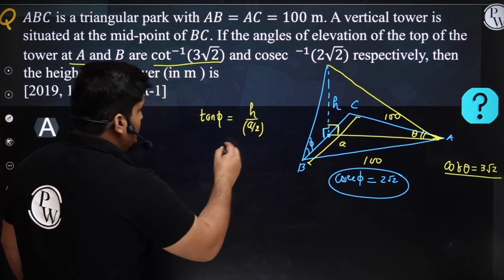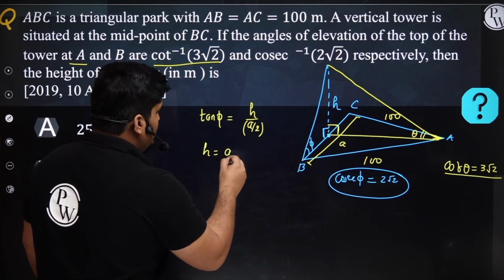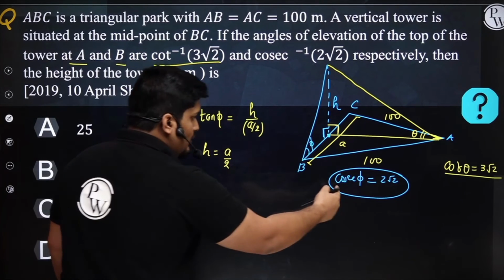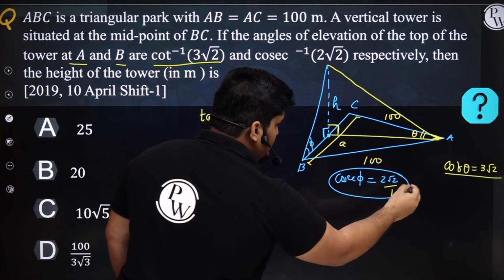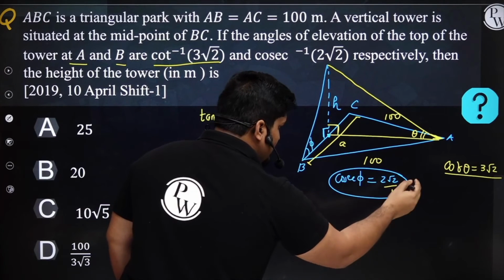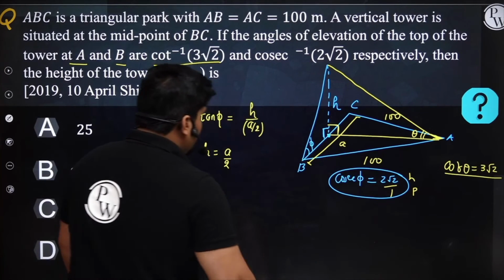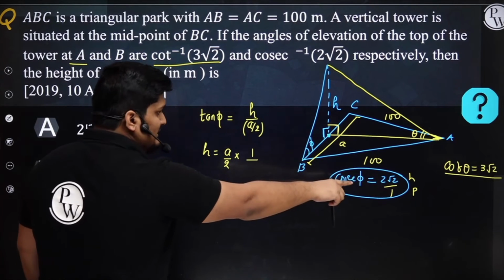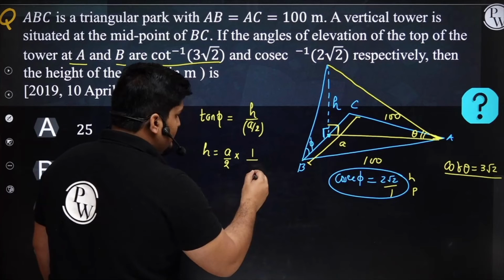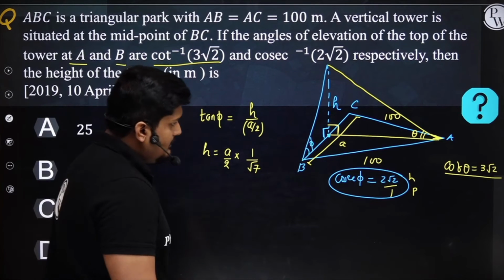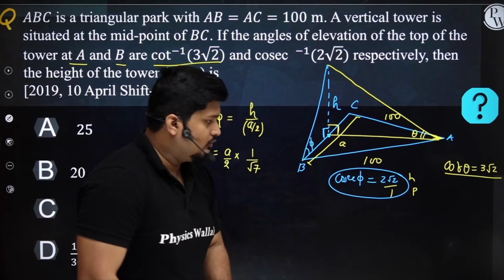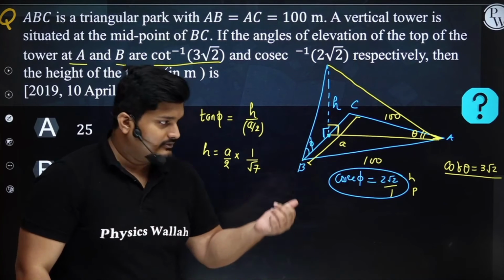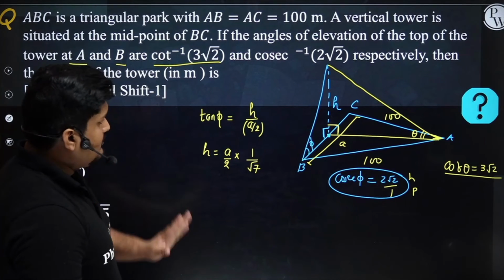So h will be equal to A by 2 times tan phi. Cosec phi is 2 root 2, which is hypotenuse upon perpendicular. So tan phi will be perpendicular divided by base. What is it? This is 1 upon root of 8 minus 1, that is 1 upon root 7. Perpendicular is 1, hypotenuse is 2 root 2, so 2 root 2 squared is 8, minus 1, root 7. So this is height h from here.